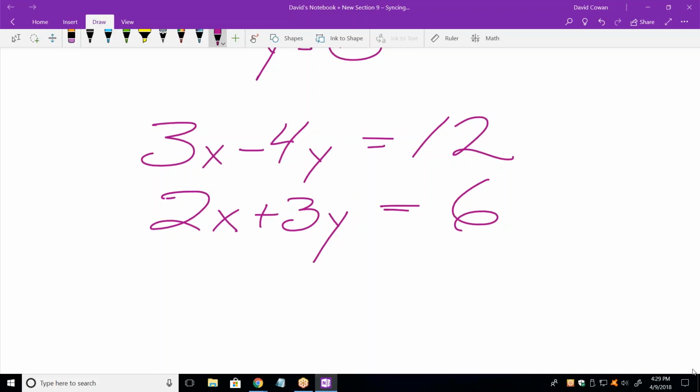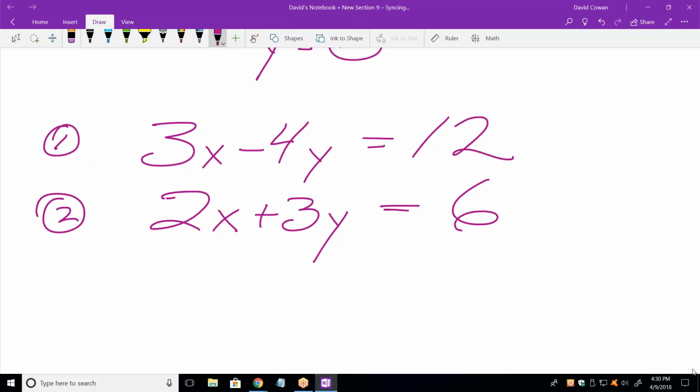Yes. Which one? The x variables. Hold on, I'm going to label these. Which equation, 1 or 2? 2. What are you going to multiply it by? I would say by 3. Well, then that'll give you 6x plus 9y.